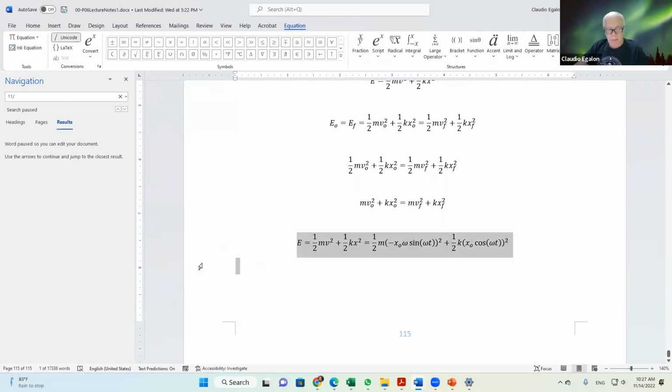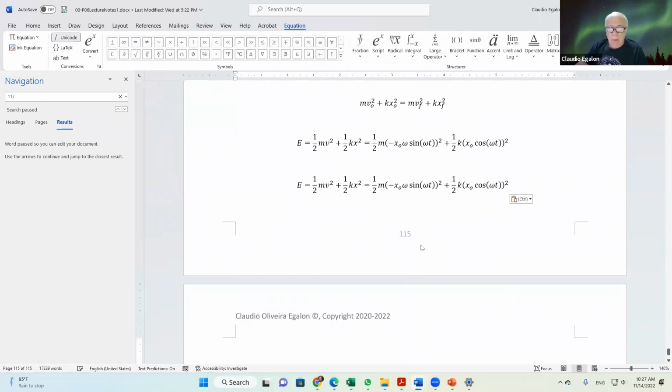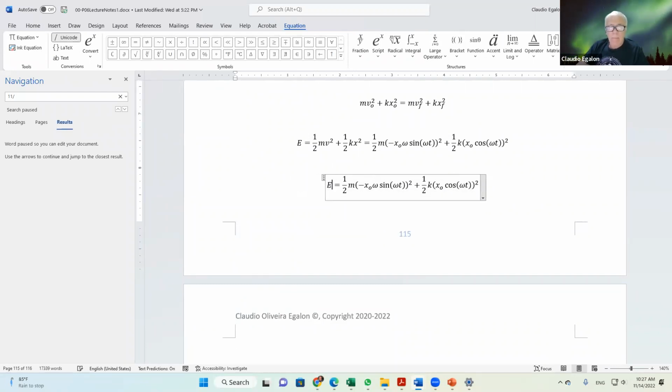And let's see what happens. What happened to the mechanical energy, right? Okay, this guy here, the negative sign is going to disappear. X naught becomes X naught squared, omega becomes omega squared. And the sine is going to be... strange.